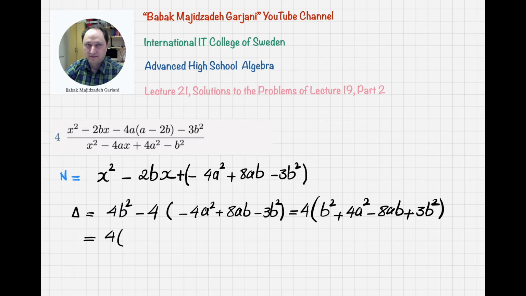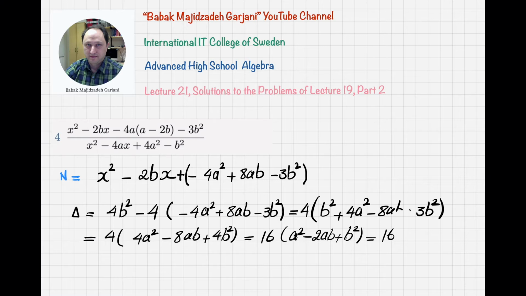So this b squared and that 3b squared can be combined. So I will get 4a squared minus 8ab, and then I will have 4b squared. So again, I can pull out a factor of 4, so it becomes 16 times a squared minus 2ab plus b squared. But then this is a very known pattern for us. This is just a minus b to power 2.